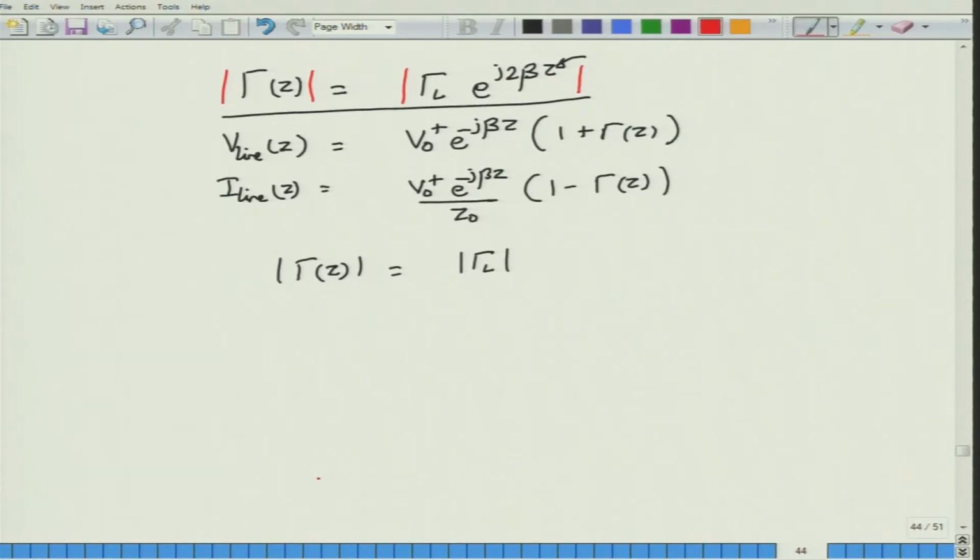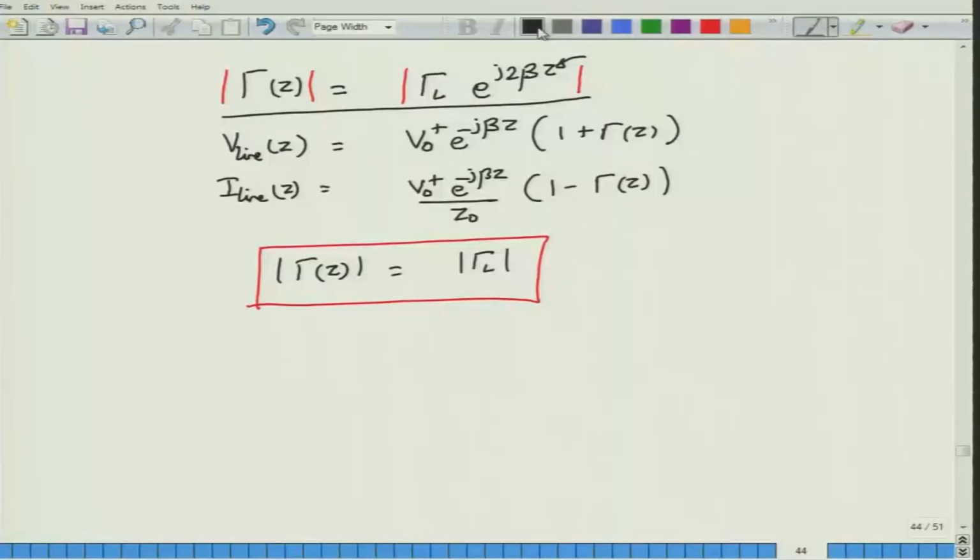It will be equal to 1. Whatever the phase angle of gamma L might be, that would also go away because of the magnitude operation, and what you end up with is a very interesting relationship which tells you that the magnitude of the reflection coefficient at any point on the lossless transmission line will be equal to the magnitude of the load reflection coefficient.